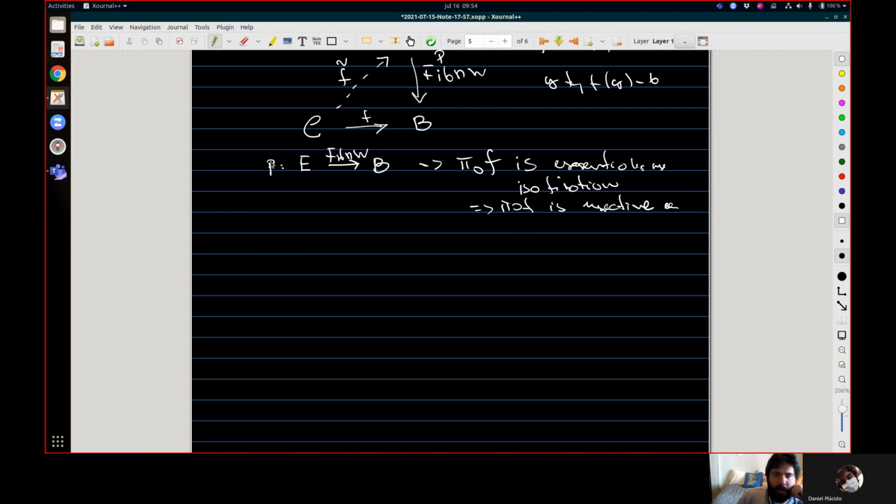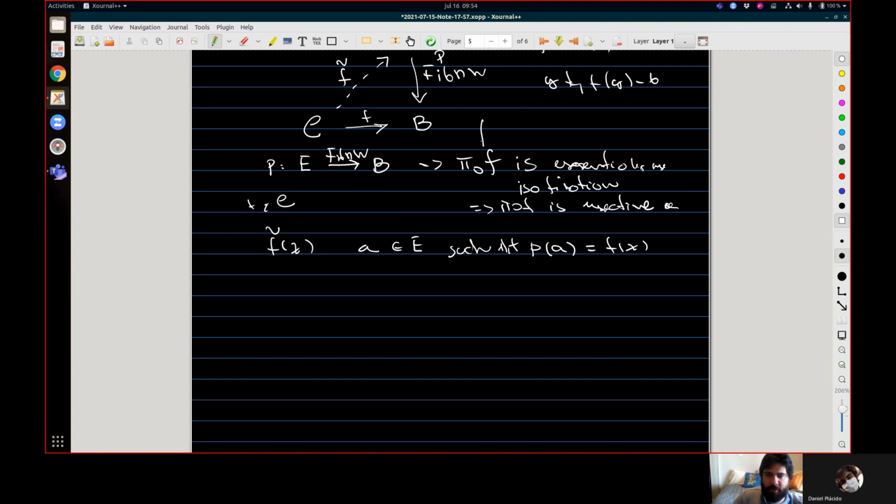So define F tilde of x, for any object x in C, to be any object A of E such that P of A equals F of x.